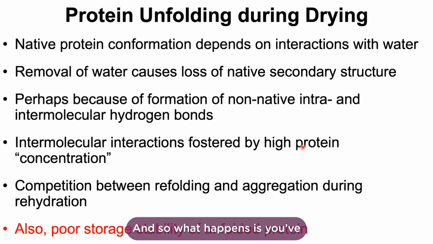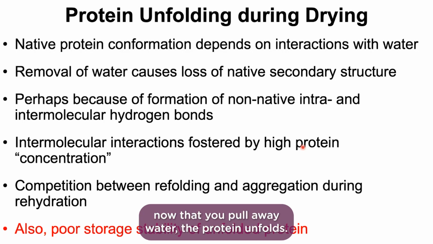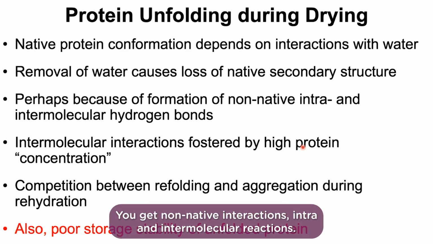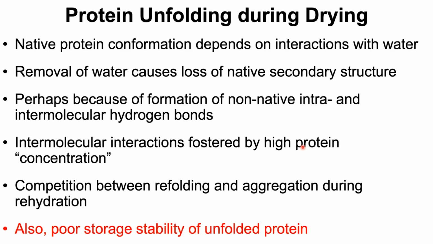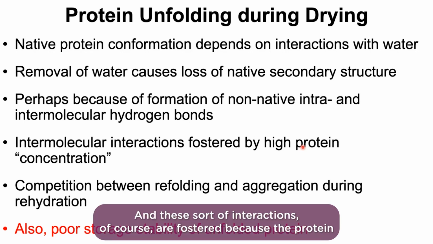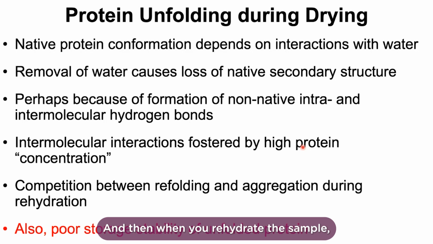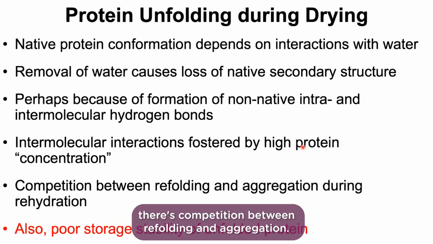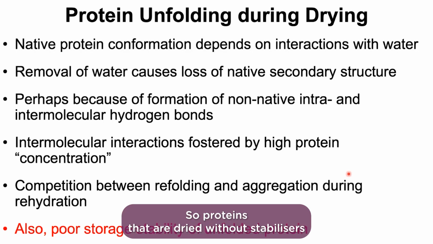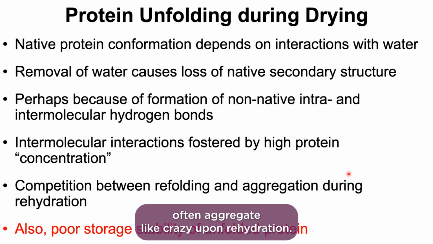And so what happens is now that you pull away water, the protein unfolds, you get non-native interactions, intra- and intermolecular interactions. And these sorts of interactions, of course, are fostered because the protein on its own and dry, there's nothing to separate protein molecules. And then when you rehydrate the sample, there's competition between refolding and aggregation. So proteins that are dried without stabilizers often aggregate like crazy upon rehydration.